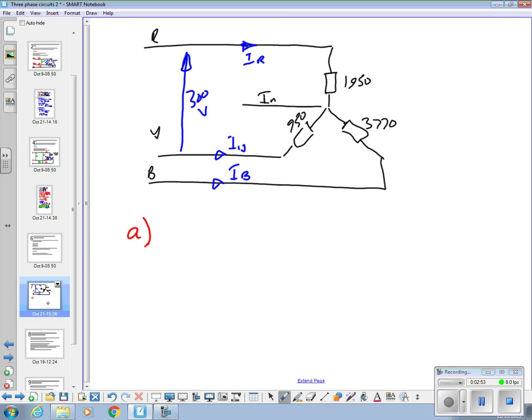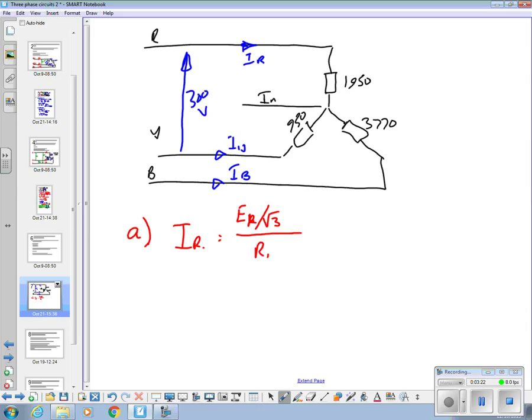So we're going to start with IR. How do we calculate that? Yeah, so it's E line, E red over root 3, divided by R1.